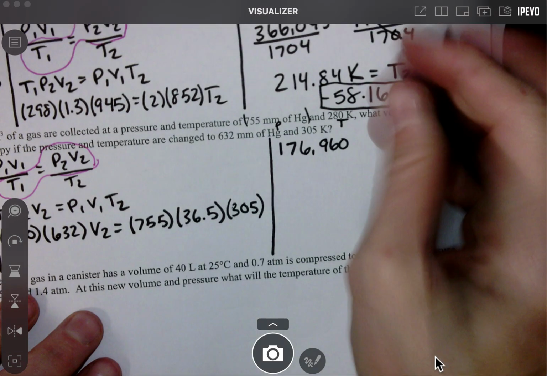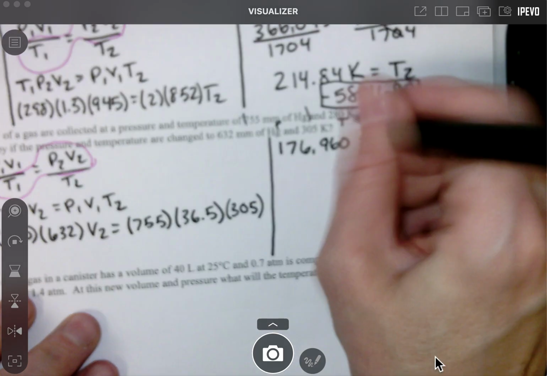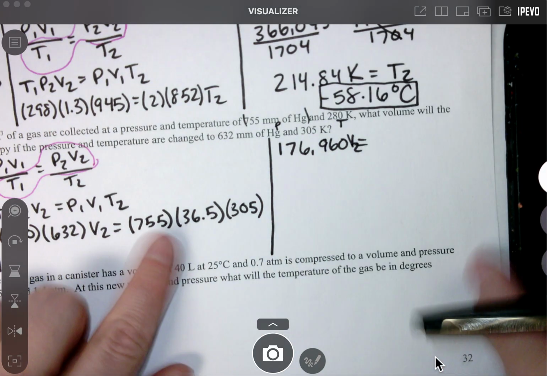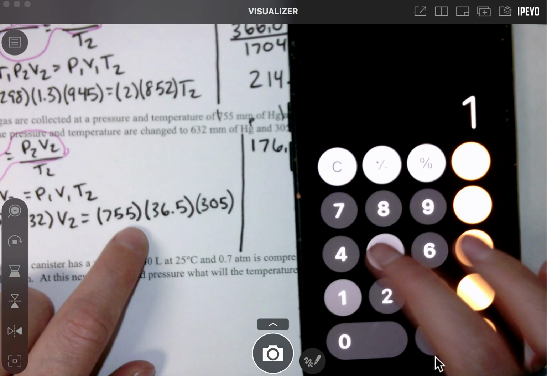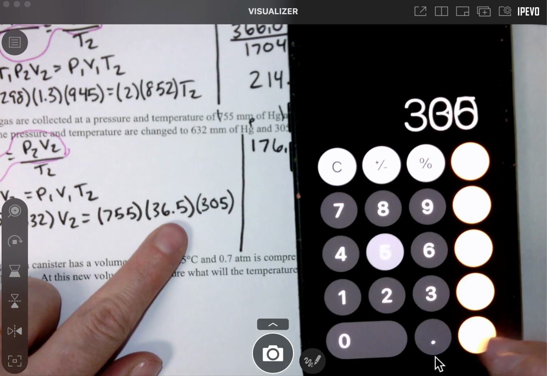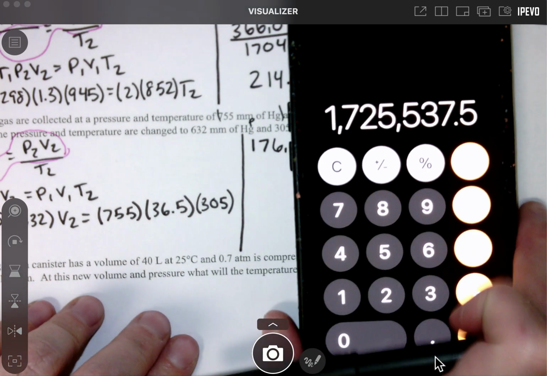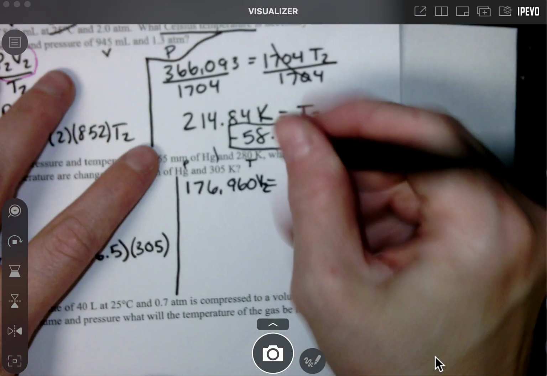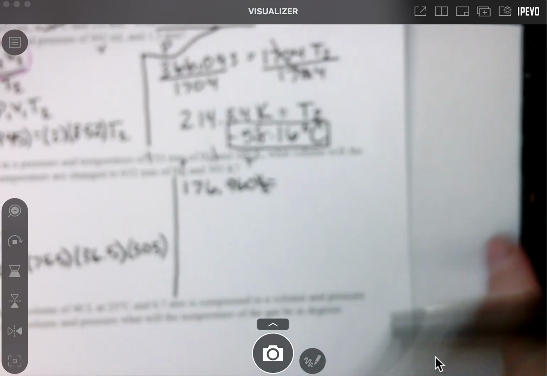And we can set that equal, there's still a V2 there. And that's equal to 755 times 36.5 times 305. And we end up getting this very large number. Just going to double check that since it's so big.